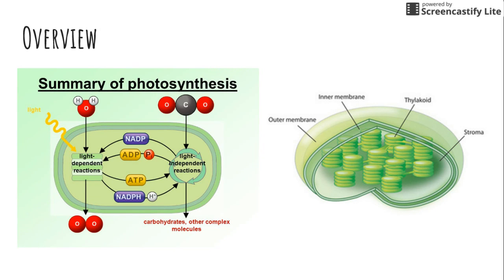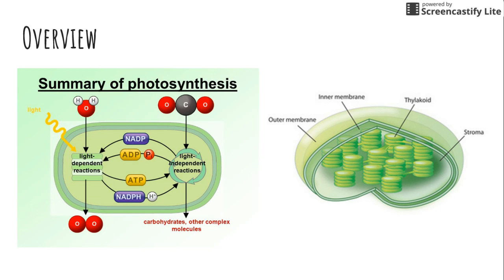So the products of photosynthesis are the reactants of cellular respiration, as seen in the previous equation, and photosynthesis can be divided into two main steps. Those two main steps are light-dependent reactions and light-independent reactions, or dark reactions, or the Calvin cycle, as we'll be calling it.